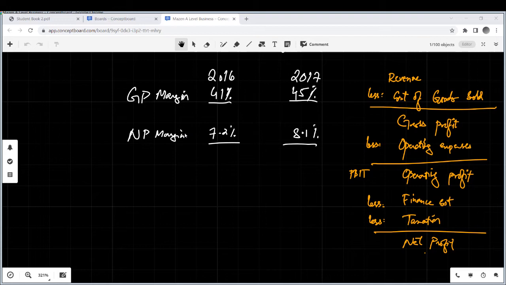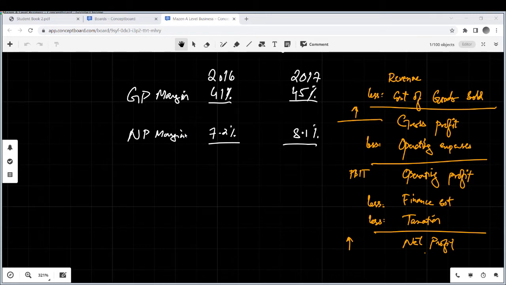Now we want to increase the net profit of the business, and we have already talked about gross profit. Obviously, if gross profit is more, then net profit would be more. The second thing is, what can I do other than increasing gross profit, which can help me increase my net profit?